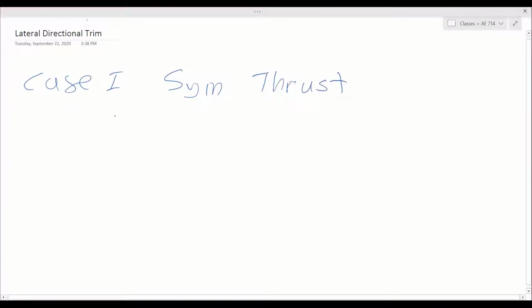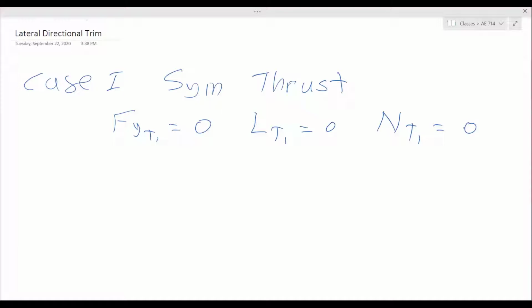What that means is there's no side force from the engines, because the engines are lined up perfectly. There's no rolling moment, and there's no yawing moment. We did a good job designing our airplane. The thrust line is perfectly in the XZ plane, no forces or moments.